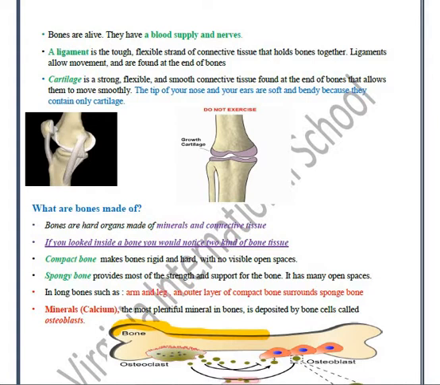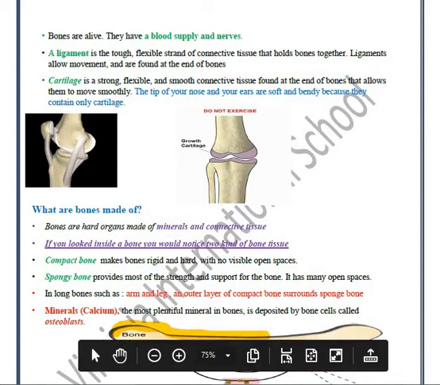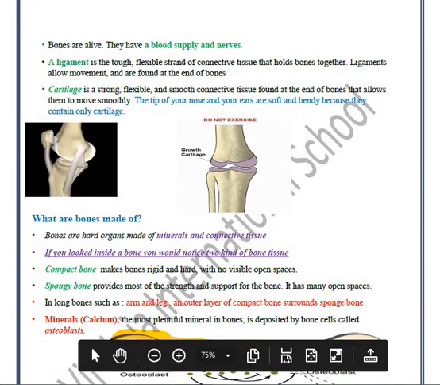Ligament is the strand that holds the bones together, while the cartilage is the soft connective tissue that's found at the end of the bones to allow them to move smoothly. Okay? Note that we also have this cartilage, this smooth, flexible and soft connective tissue, in our nose and our ears.